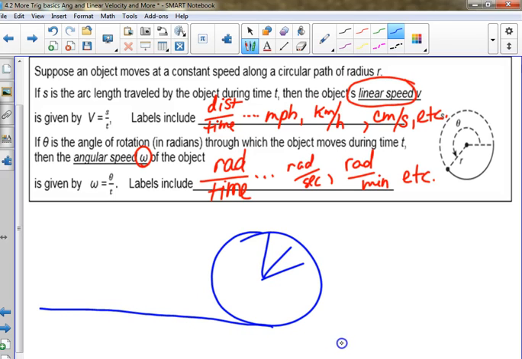Does that make sense? Angular velocity is a different concept. Angular velocity is how fast this is turning, okay? How many degrees in a minute was what my brain thinks, but it really is measured in radians, okay? So it's how many radians per minute or second is this turning at.